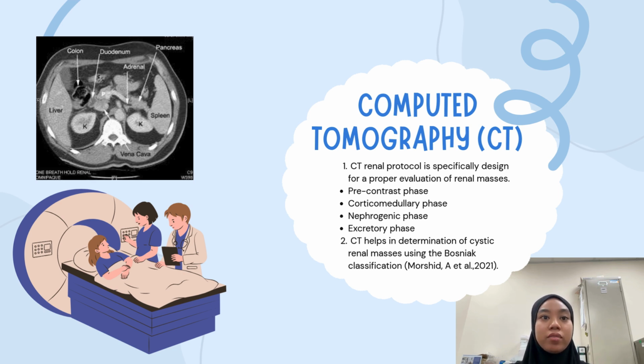And finally, we have the excretory phase, where we can visualize the contrast within the collecting system. CT also helps in determination of cystic renal masses using the Bosniak classification, where we measure the lesion attenuation in Hounsfield units.